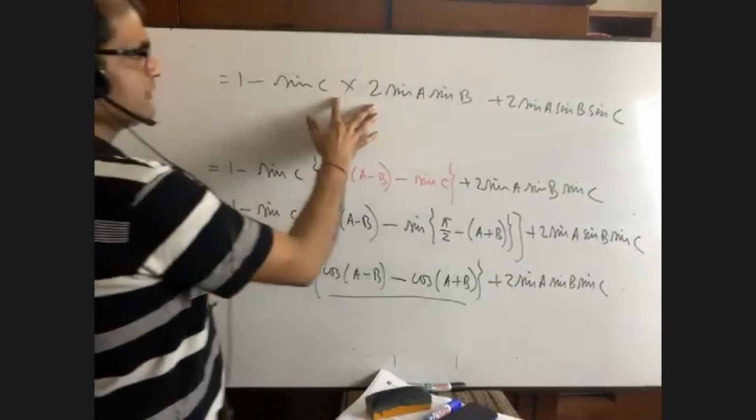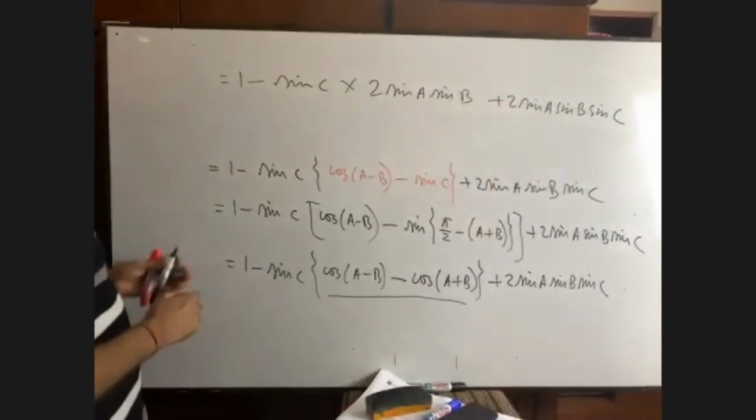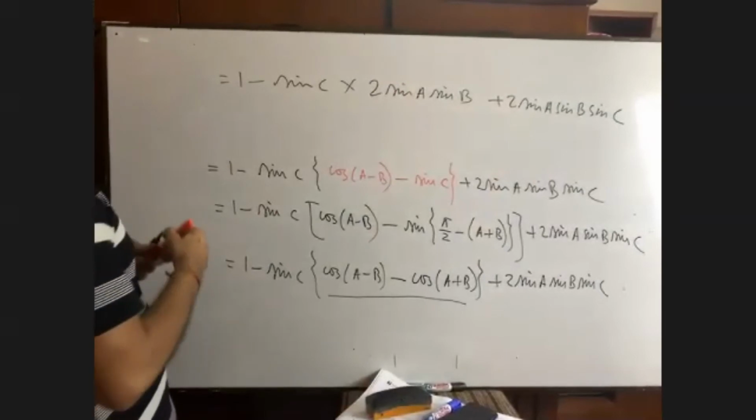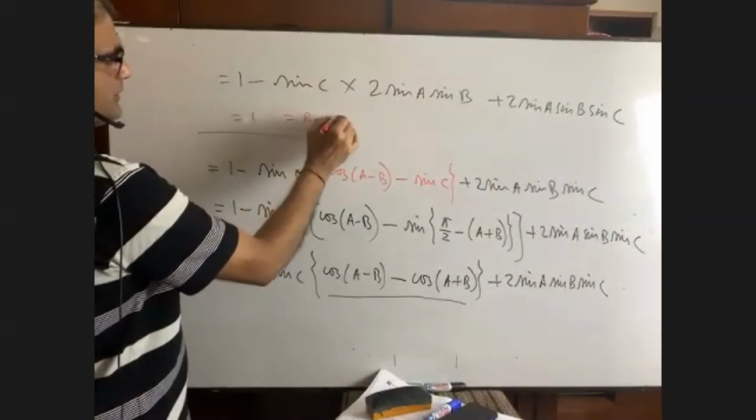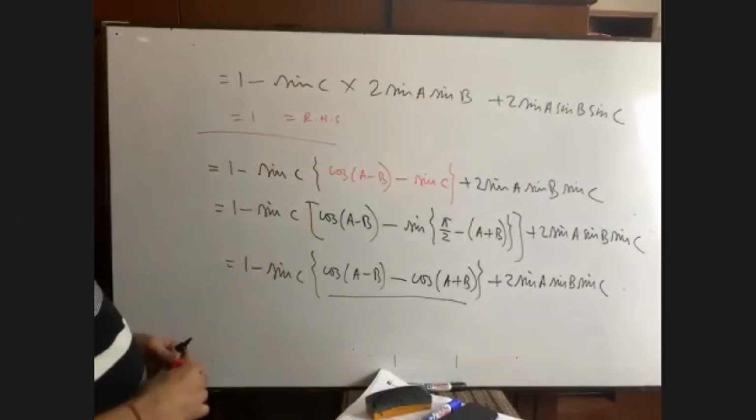You see, these and these are the same, so those will be cancelled, and we will be left with 1, which is equal to the right hand side. Is it?